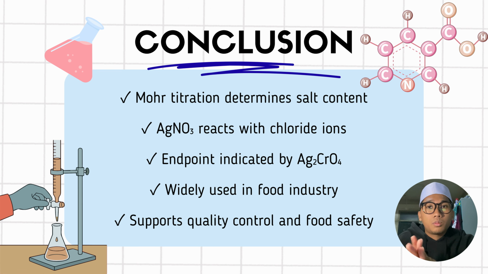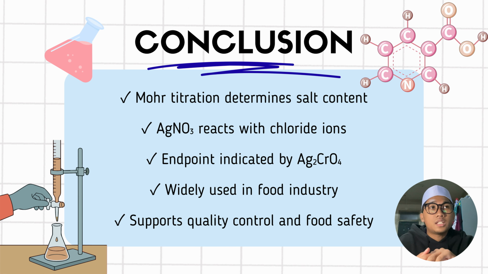In conclusion, the Mohr titration method is an effective and reliable technique for determining the salt content in food samples. During the analysis, silver nitrate reacts with chloride ions present in the sample to form silver chloride. The endpoint of the titration is identified by the formation of reddish-brown silver chromate, Ag2CrO4, indicating that all chloride ions have reacted.